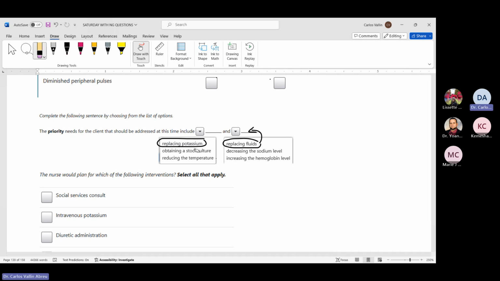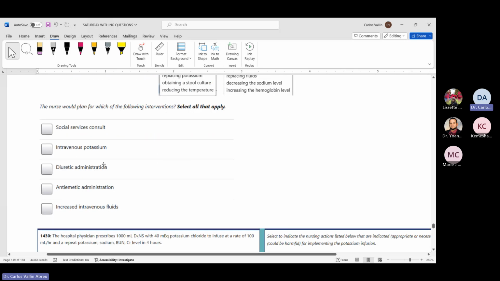You move those to the line. The nurse would plan for which of the following interventions that apply. Let's see. Social services consult. Guys, we have a client here who is homeless, a veteran that is homeless. So obviously we are going to require the help of social services. Intravenous potassium, yes, we anticipate that the doctor will administer intravenous potassium.